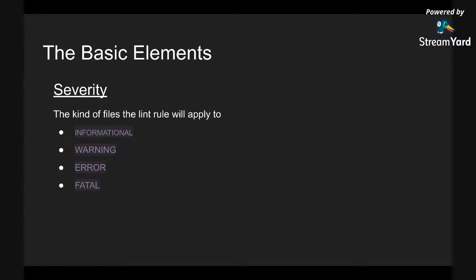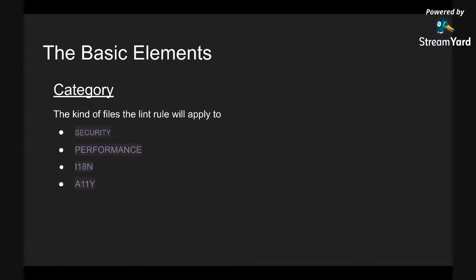A warning could be something that's highly recommended for the user, but it shouldn't cause lint to fail. Error is when lint is supposed to fail for that issue. And the last type is fatal. Fatal has to be used very carefully because if you have an issue that is fatal and you're trying to build an APK, even that will fail. Fatal is the most severe. It should be used for issues which could be destructive to your code base.